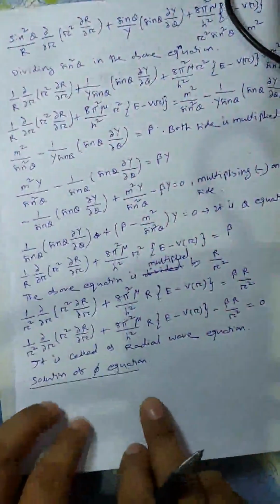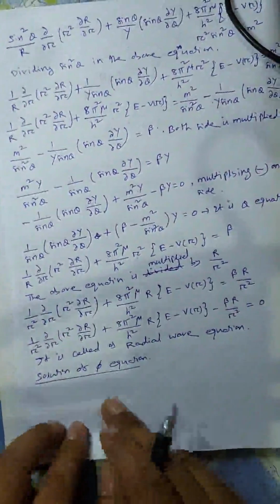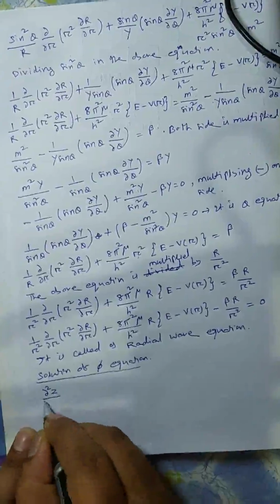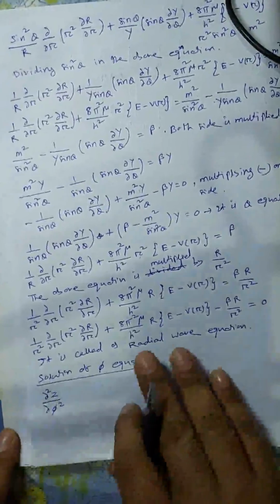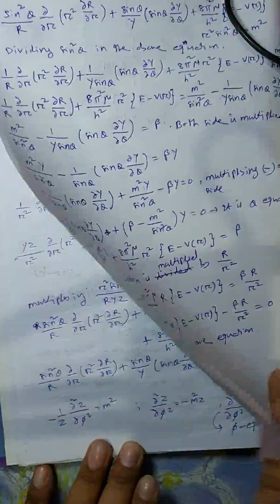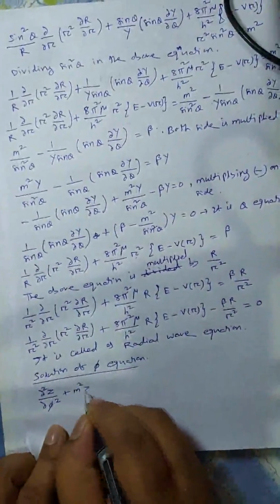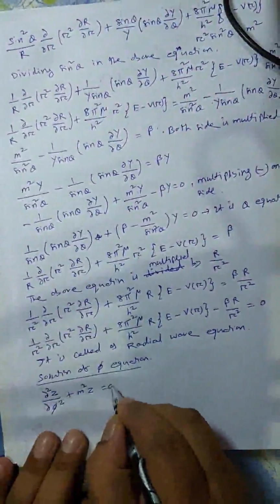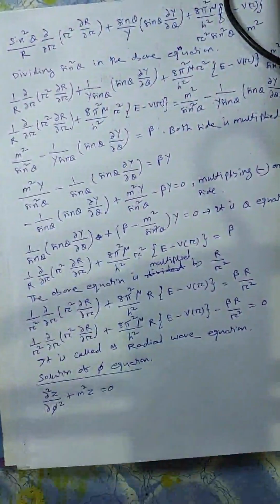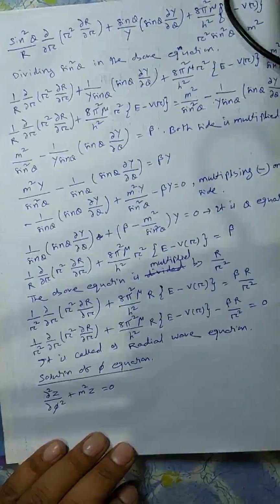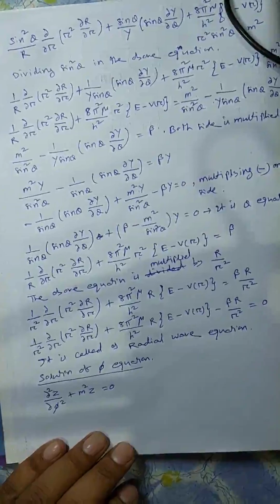The phi equation is dou square z by dou phi square plus m square z is equal to 0. This is the phi equation. We have to find out what is the solution of this equation.